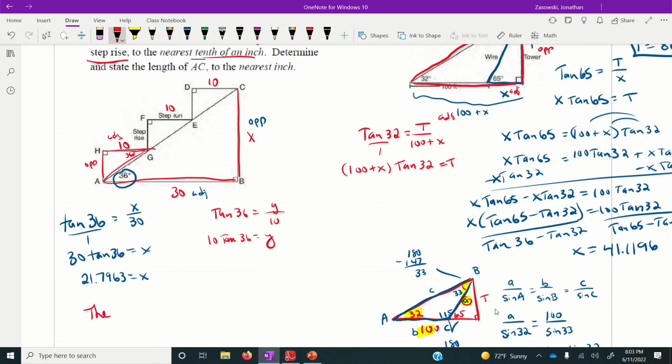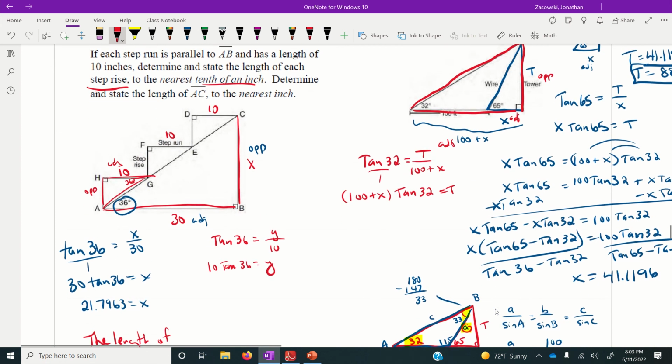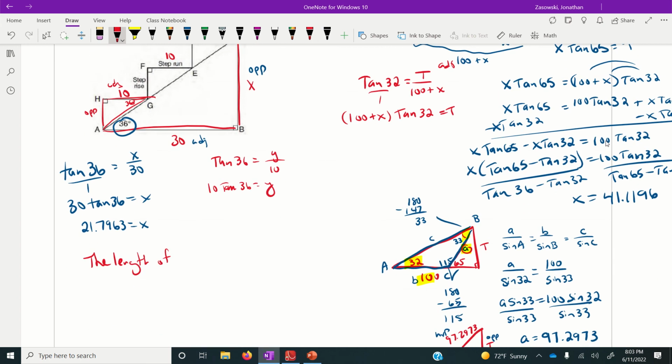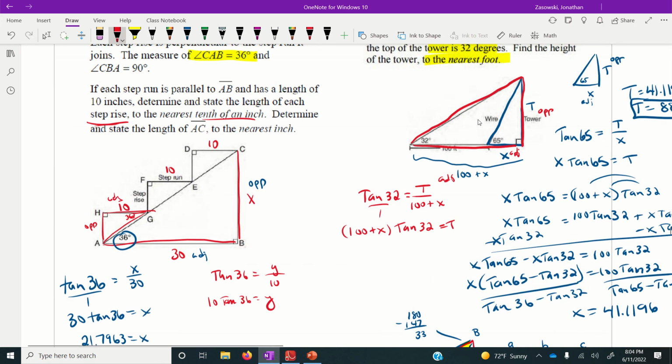Oh, do you see that we did this wrong? Man, it says find the length of AC. Oh, it says both, so the step rise. So the length of the step rise is 7 inches, right? But we also need the length of AC.